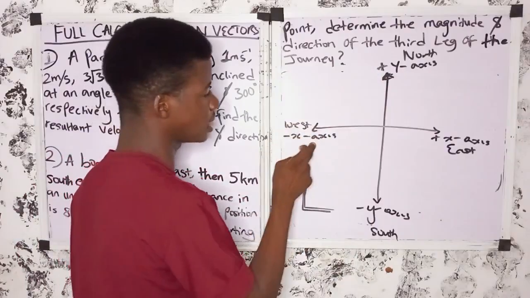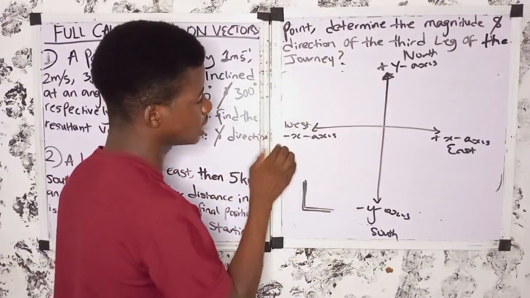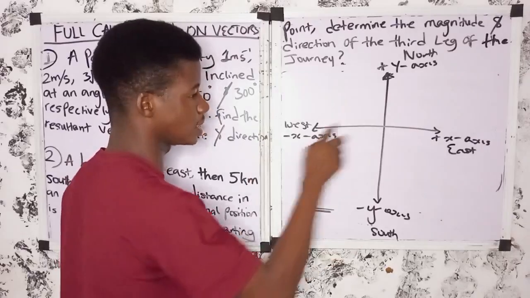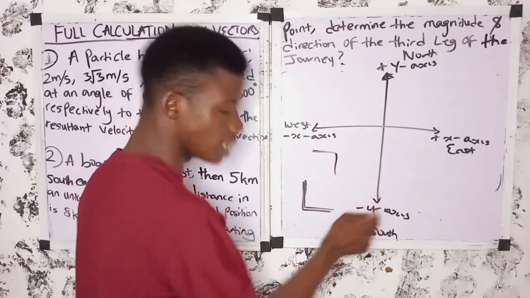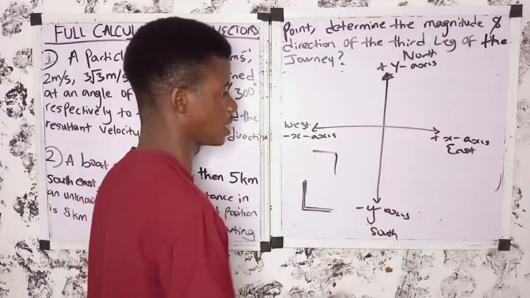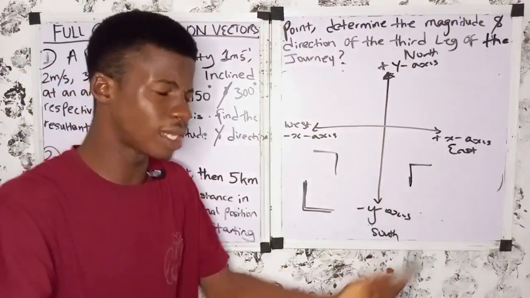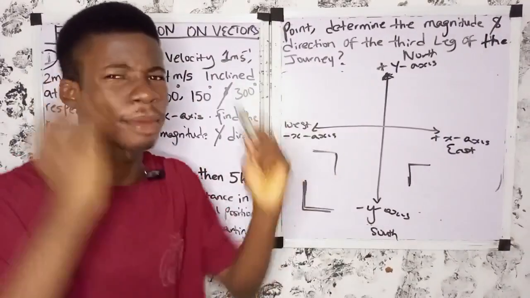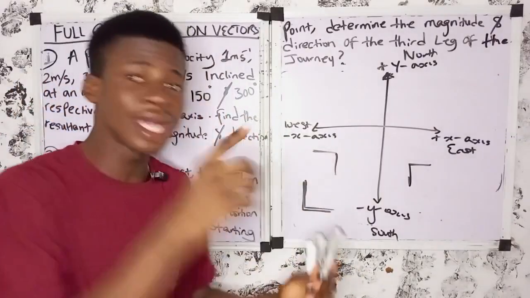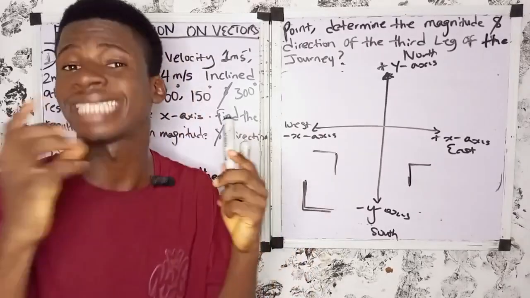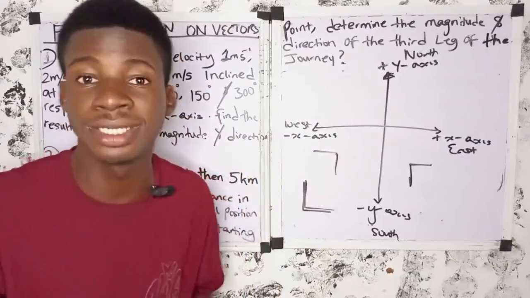Perpendicular lines are at right angle to each other, which is 90 degrees.